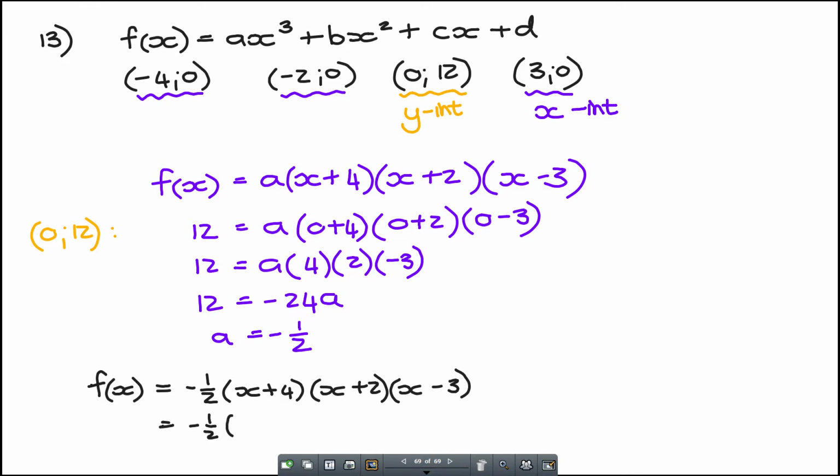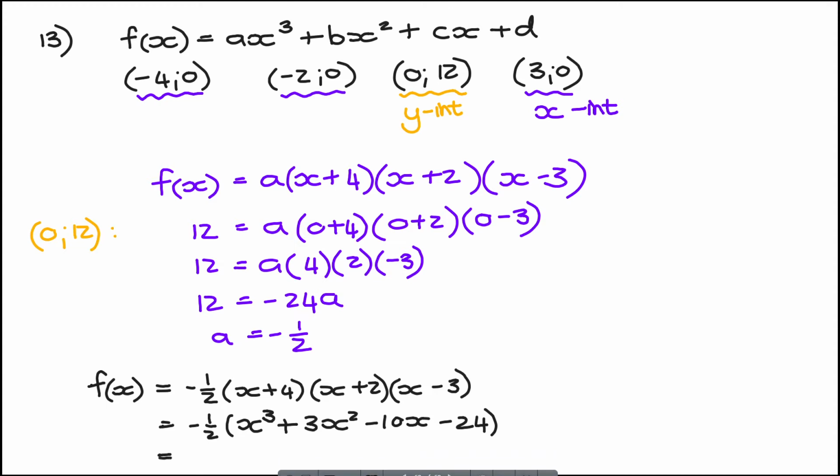Kan ek maar skip daarna my mag 3 toe. Plus 3x squared minus 10x minus 24. Okay, is there anyone that wants me to go right out that step? Want dan kan ek dit gou op die volgende slide doen. Is julle reg? Okay, now all I've got to do is go multiply that in.